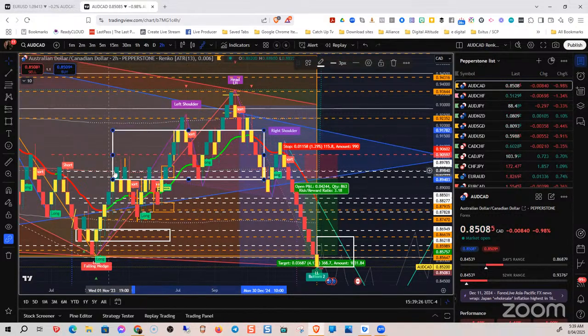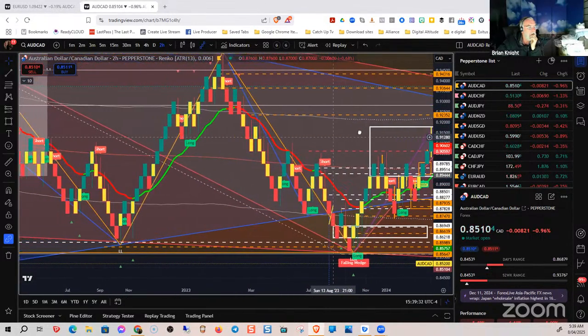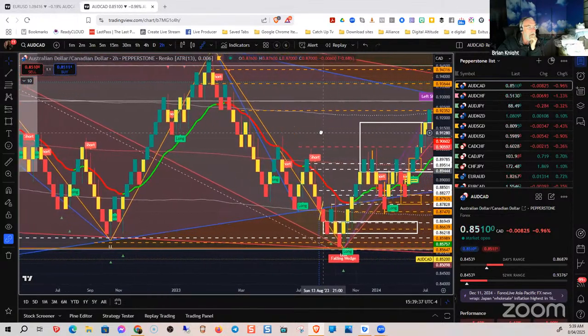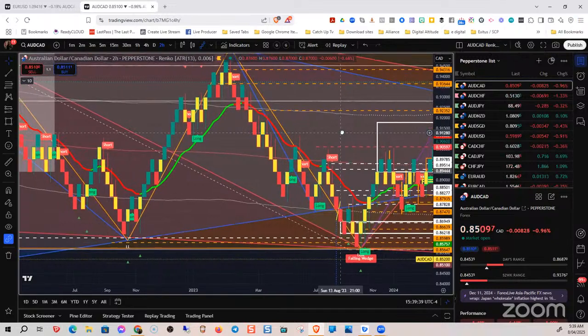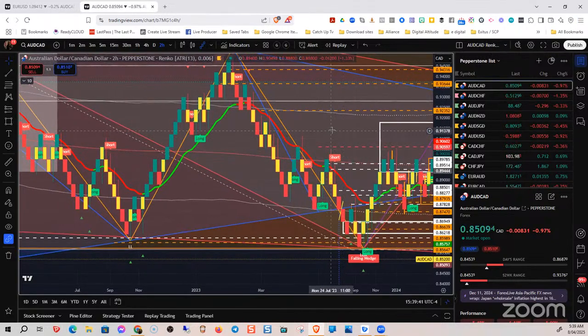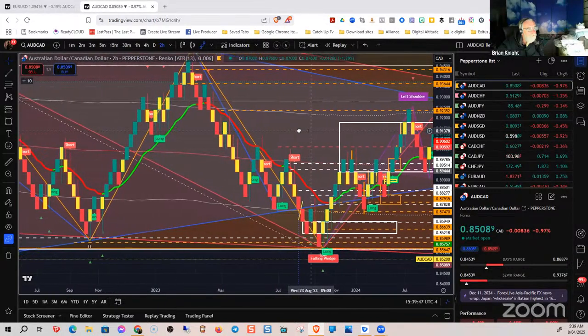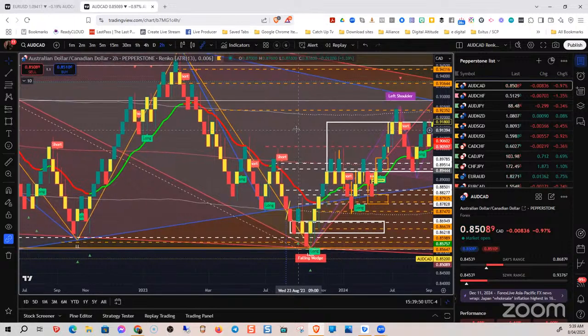Okay, so you can't see what's happening on the right-hand side, right? Correct. Keep going to your left. Right there. So you took the last green box that created the high, and you cut off the top like you're supposed to.